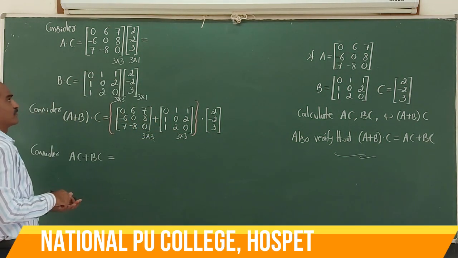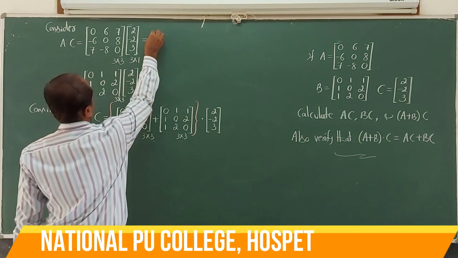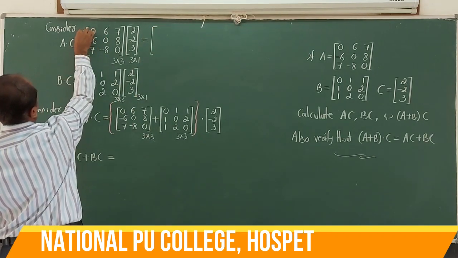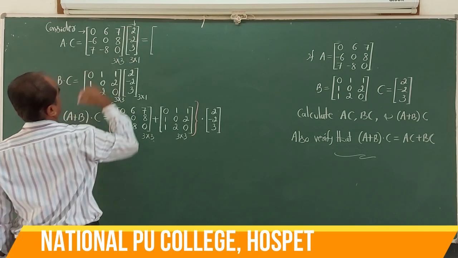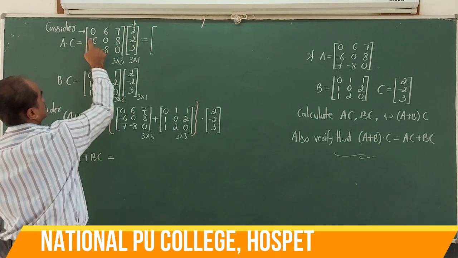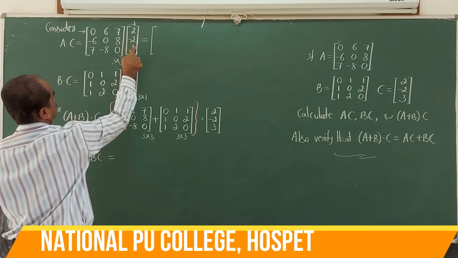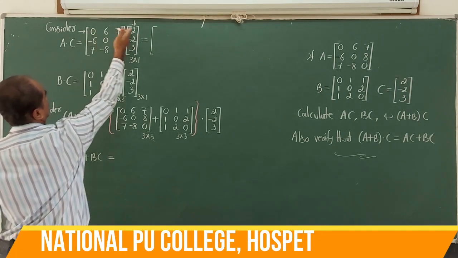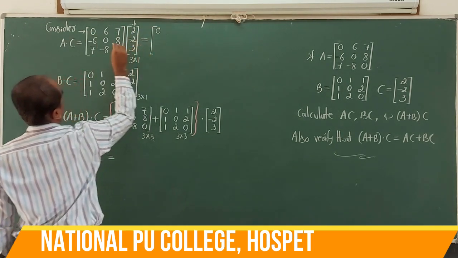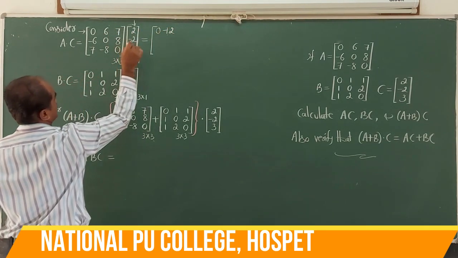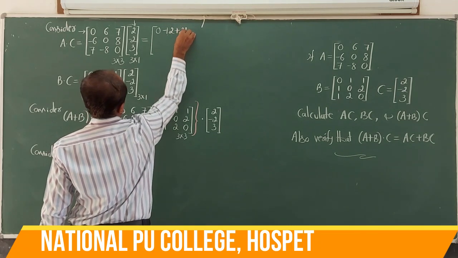First I have to find A into C. First row, first column, of course no more columns are there. Make pairs of elements: 0, 6, 7 with 2, minus 2, 3. 0 into 2, 0; 6 into minus 2, minus 12; plus 7 into 3, 21.